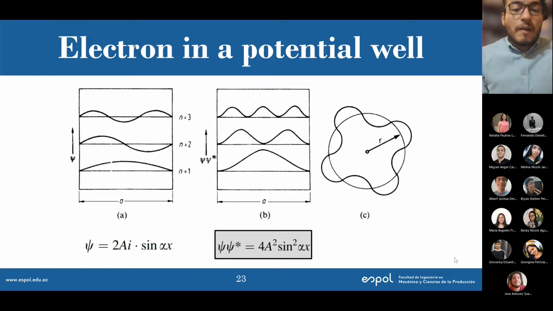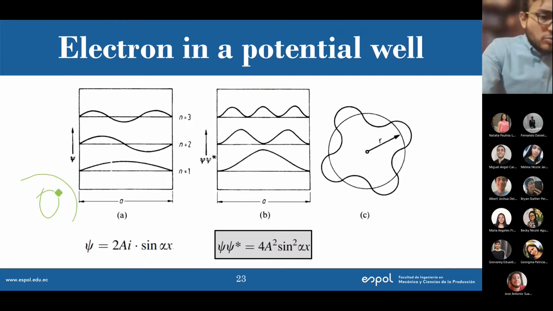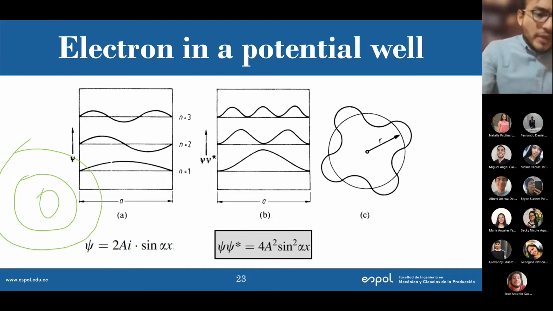But then they said, okay, wait, according to the energy levels I have certain levels that the electrons can occupy, and also certain places or sites where I have a higher chance to find an electron. I think they thought the electron was something like this, with the energy levels, and this was the nucleus, and they said I have the same probability of finding an electron here as here and here and here, and everything was the same.